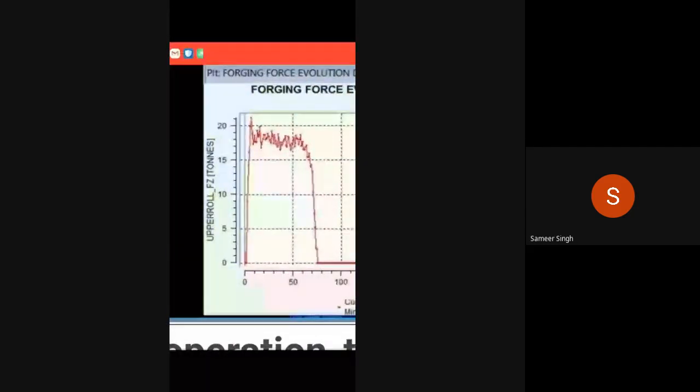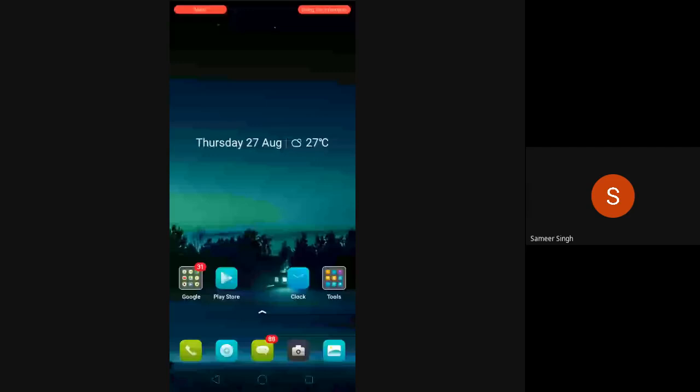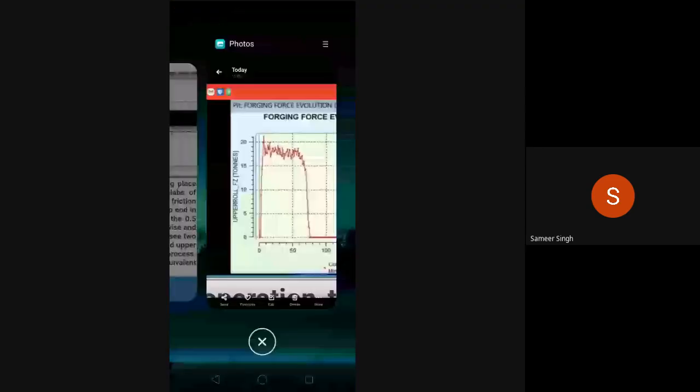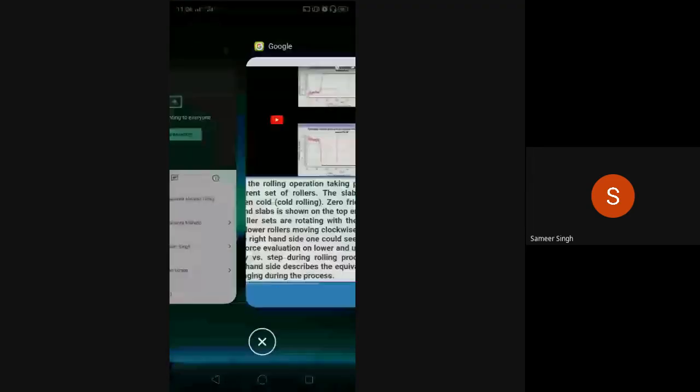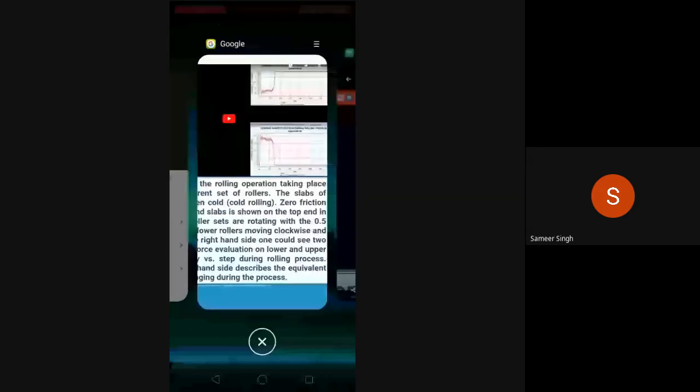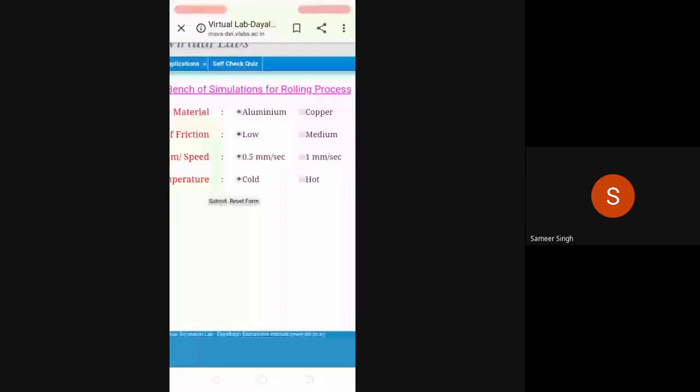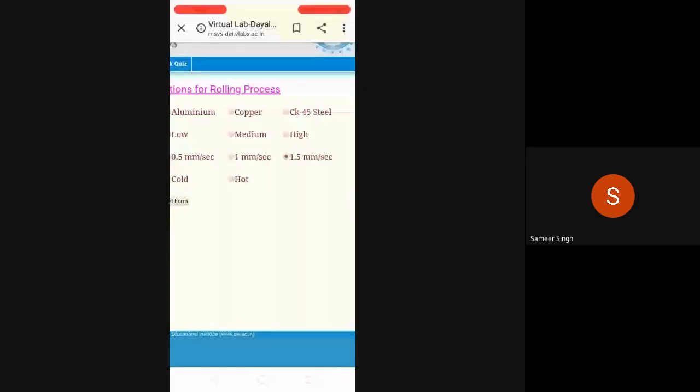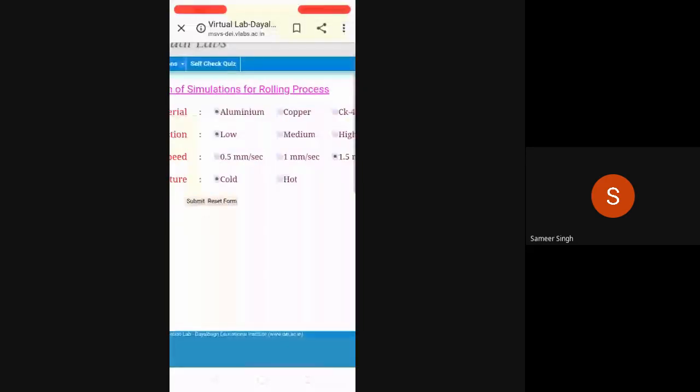So from this condition we will get the result. Now you change the condition. Change the speed from 0.5 to 1.5, more speed, and submit it again.